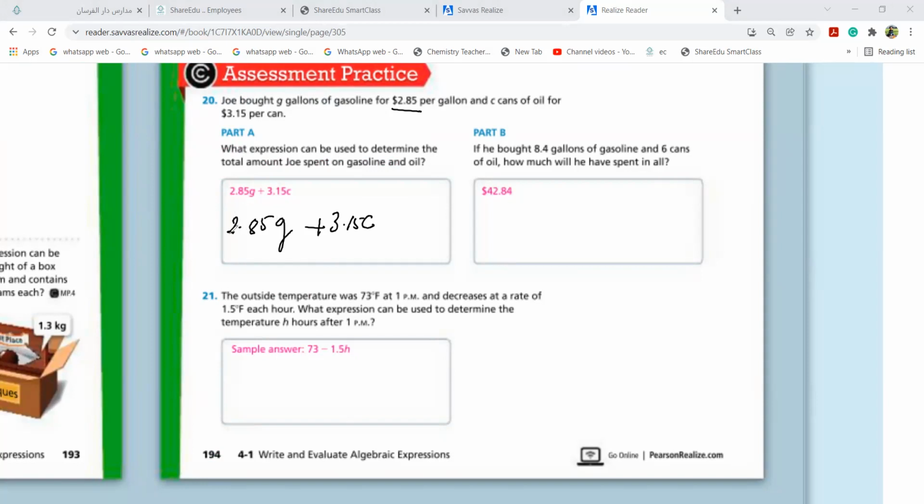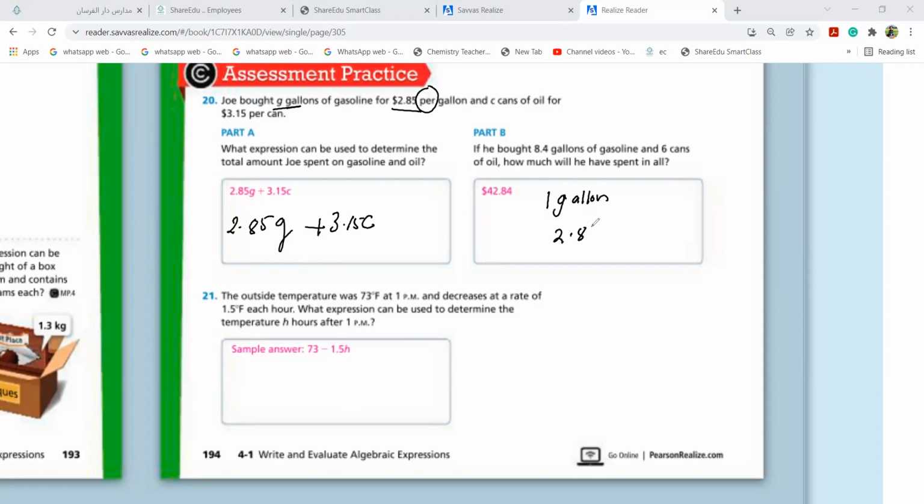G gallons for $2.85, C for cans at 3.15. And you said and, that means you will add both of them. If he bought 8.4 gallons, for 1 gallon, how much is given?